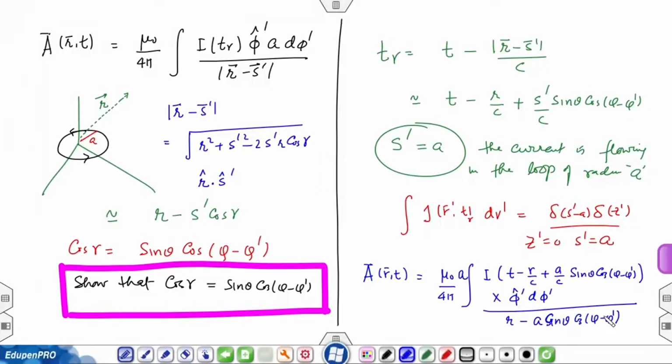That is the integral that we have got to calculate. Again, I am interested in calculating this up to order 1 over r.